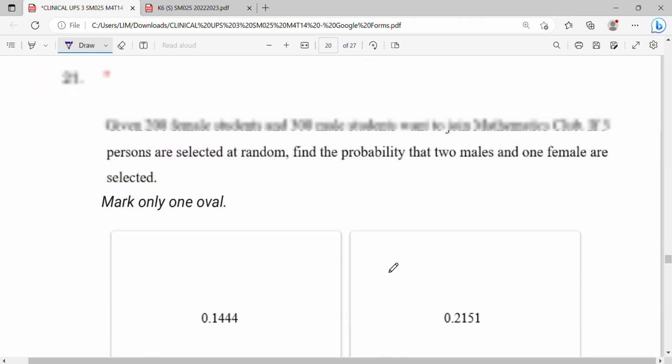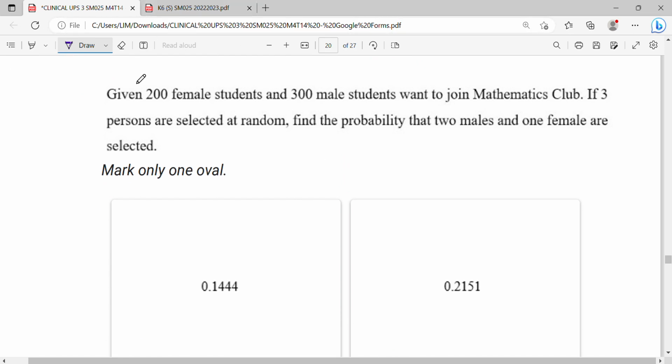Okay, more. Given 200 female, 300 male join the club. So 3 persons are selected randomly.